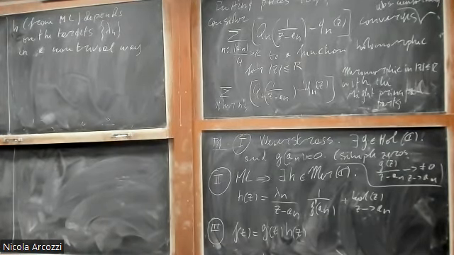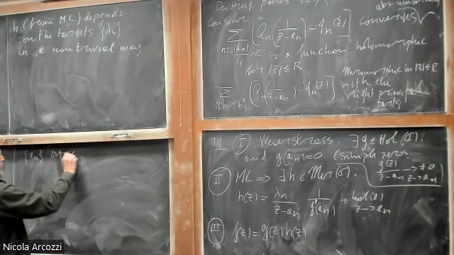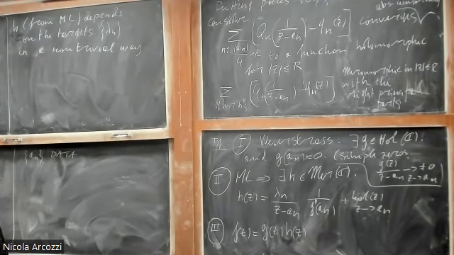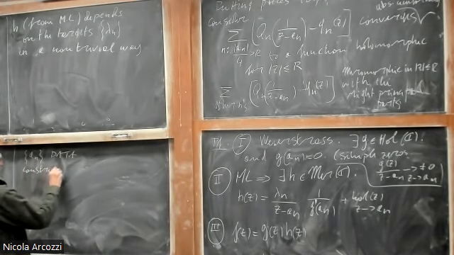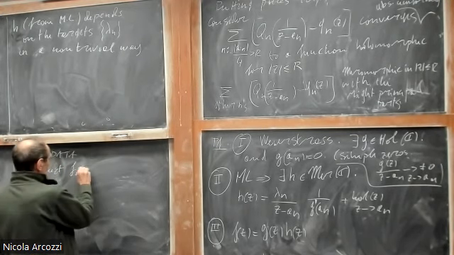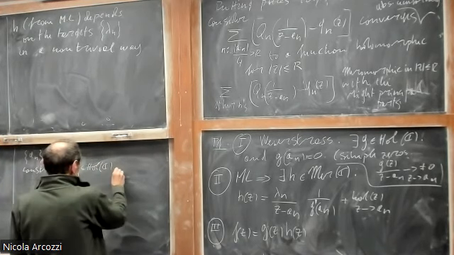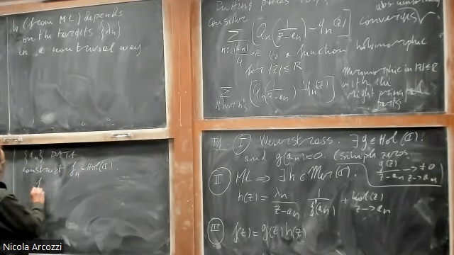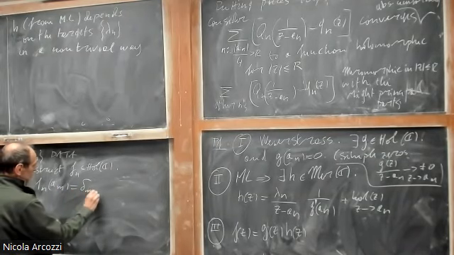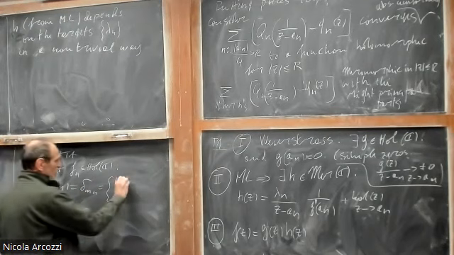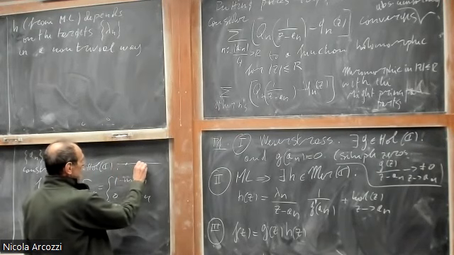So in this case, consider data a n, and then construct entire functions fn so that fn of an is 0 or 1 depending.